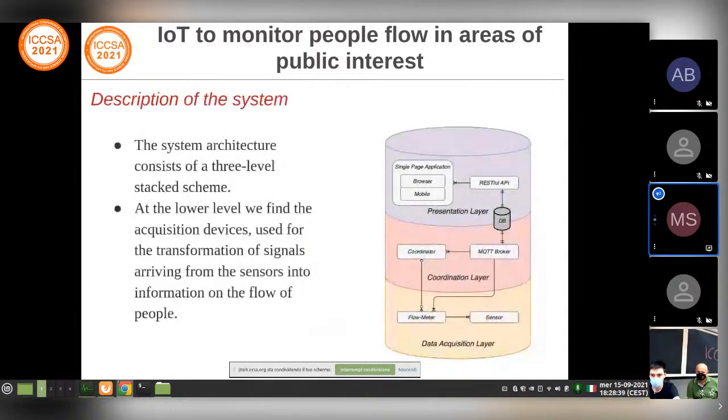To ensure the generic collection of data useful to grant service and to realize the anonymity of individual people, we thought of a scalable stack architecture as shown in the figure. It is divided into 3 logical levels: data acquisition layer, coordination layer, and presentation layer. Data acquisition is at the bottom, and the presentation layer is at the top of the stack.